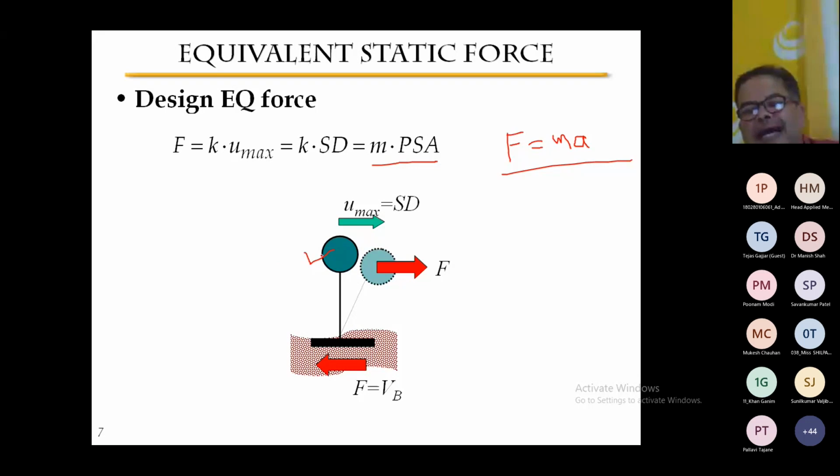So that is known as the earthquake force. Or another way to find the earthquake force is that we know the stiffness and we know the displacement of the mass. Then the stiffness multiplied by the displacement will give you the force induced in the system, right? So this is known as a design earthquake force.